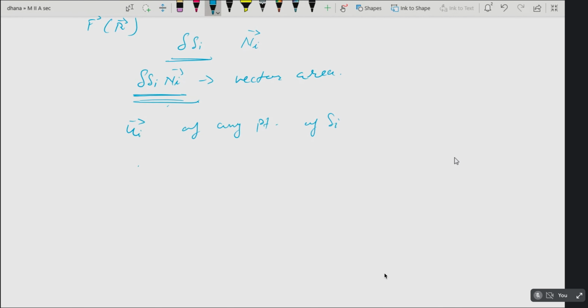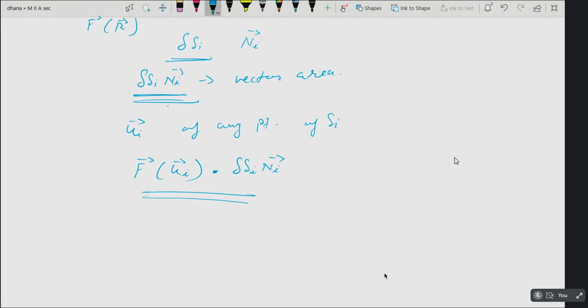So now you can find f bar of Ui bar. Can you find it or not? We can find this dot product with delta Si into Ni bar. Capital letter or small letter, whichever you like, you can use. Okay, small n, capital N, doesn't matter. Okay, Ni bar.